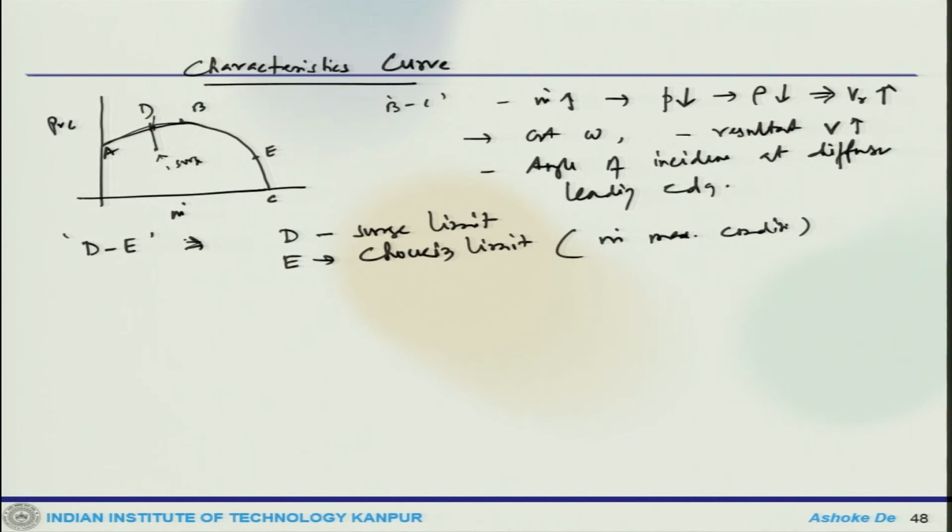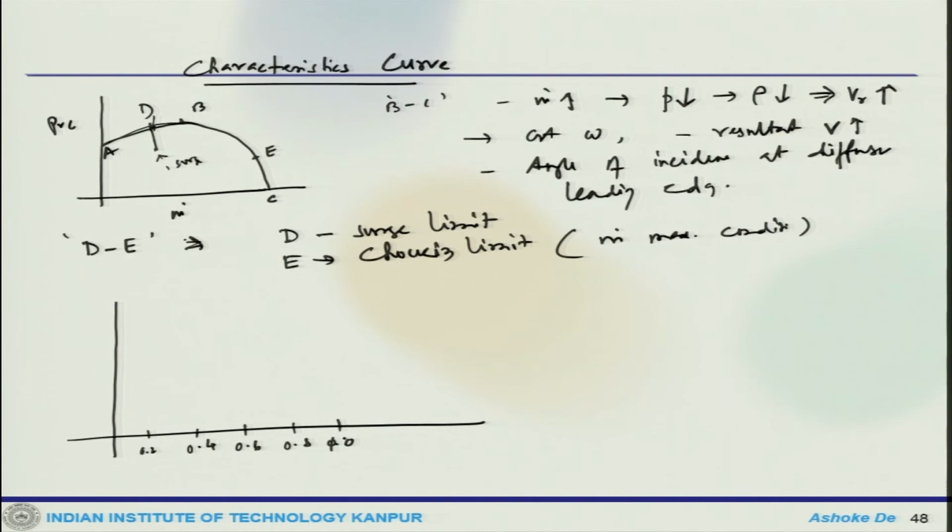Now, once we change the RPM, we can get a similar curve and get the complete characteristics plot. So, let us say 0.2, 0.4, 0.6, 1.0. I mean 0.3, 0.4, 0.5 like that.